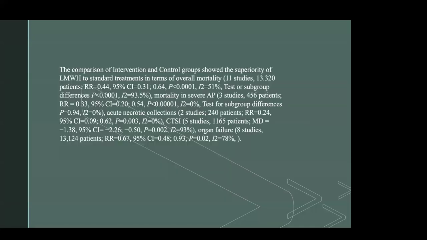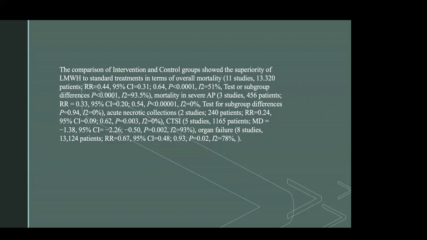In terms of the analysis of the primary outcome, the comparison of the interventional and the control group showed the superiority of LMWH in comparison to standard treatments. Herein, the relative risk was 0.44 with a p-value of less than 0.001 and an I2 value of around 51%.